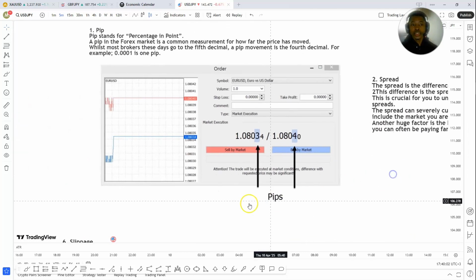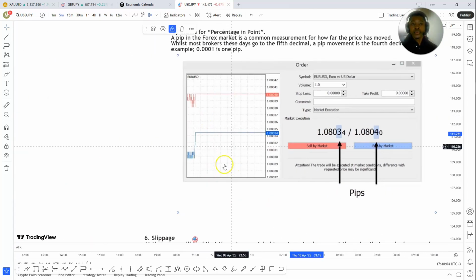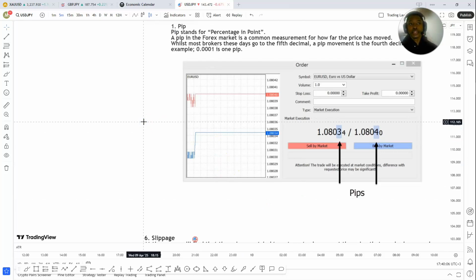So how do we see this spread? If you look at your trade on TradingView, there is no spread, because I'm not connected to my broker or my live account. But if you look on your trading platform, there will be this gap.